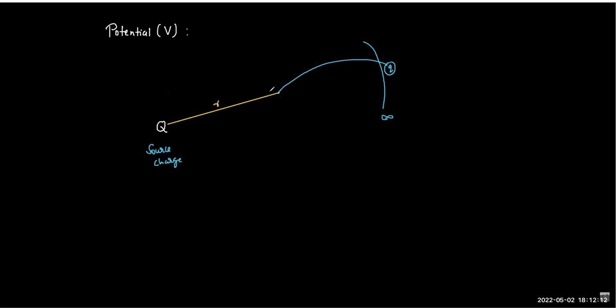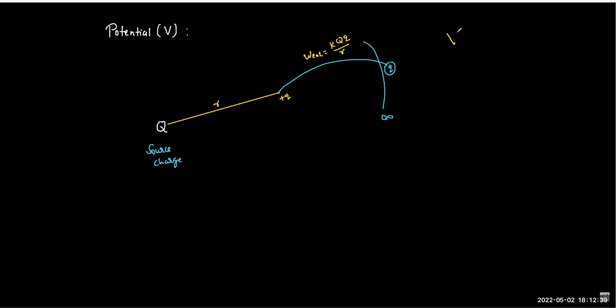from the given charge, we know the work done required is how much? KQq by r. So KQq by r is the work done required, right? Yes, sir. So you have to invest this much energy to bring this charge here. So potential talks about what is the work done per charge.